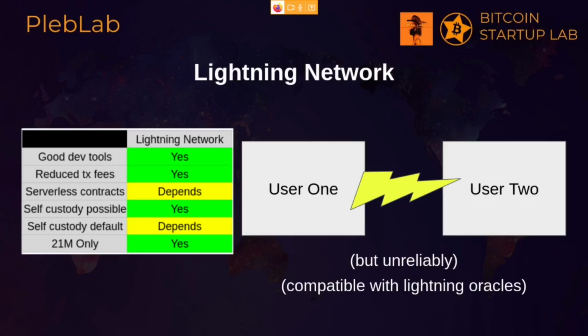Can you do serverless contracts? Well, I talk about down here that this is compatible with Lightning oracles. So there are a few solutions for having an oracle based contract on Lightning. And it's compatible with that, so you can do a contract similar to a DLC or a hash lock contract. You can do that with Lightning, where Alice and Bob set up a conditional payment to each other, and then they can go offline.